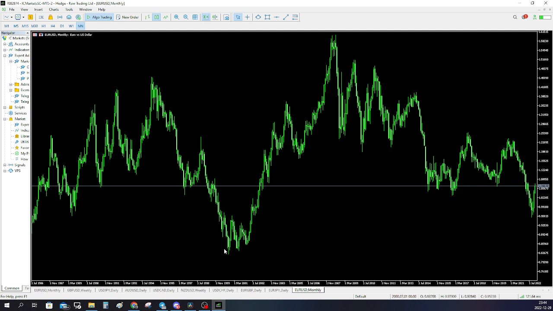In this case, I have from 1986 to, well, now 2022, and as we can see here, we have a lot of different moves. It's a roadmap of how the euro has moved against the dollar since 1986.